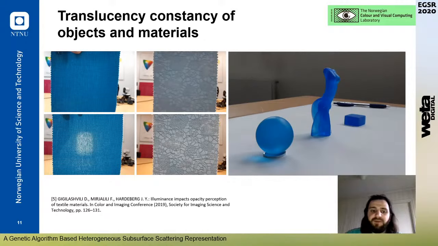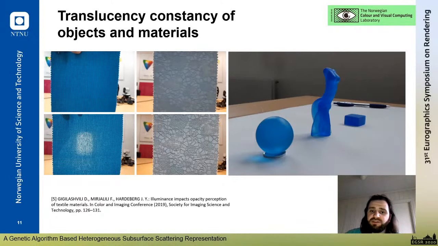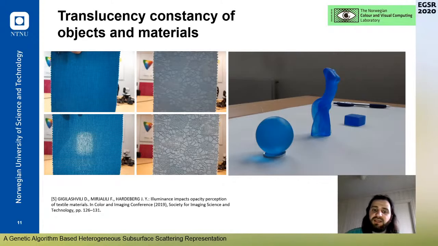And then the final question, translucency constancy. Similar to color constancy, translucency also might be constant to some extent, but it also fails very fast. For example, on the left-hand side, you see that the presence of backlight changes the textile samples from opaque looking to more translucent looking.